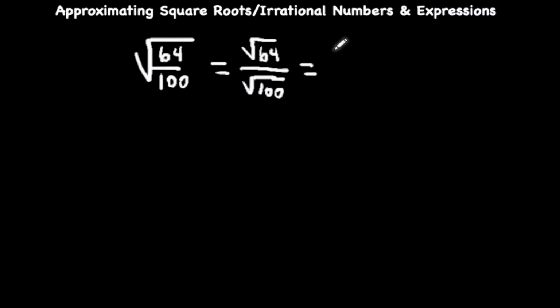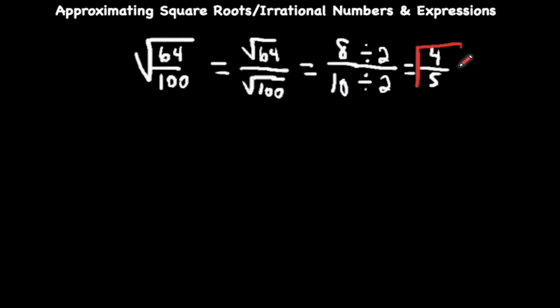The square root of 64 is 8, divided by the square root of 100, which is 10, right? You can take the greatest common factor of 2 and divide. 8 divided by 2 is 4. 10 divided by 2 is 5. So the square root of 64 over the square root of 100 is 4/5.